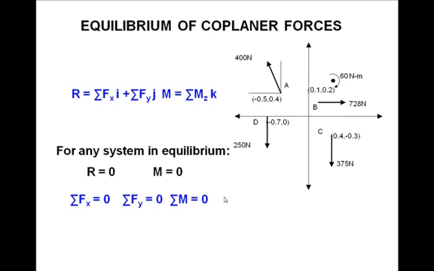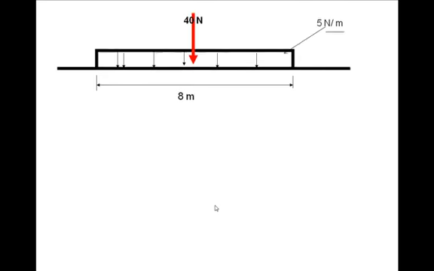And by applying these three equations, you can literally solve any problem, as long as, of course, there are only three unknowns to be evaluated. We are going to do a lot of problems on equilibrium of coplanar force systems in the next videos. But before that, what is required is some knowledge about the types of loads and supports, and that is here.